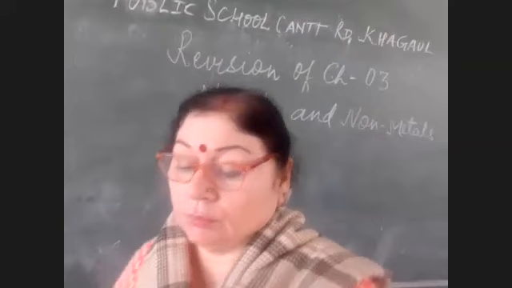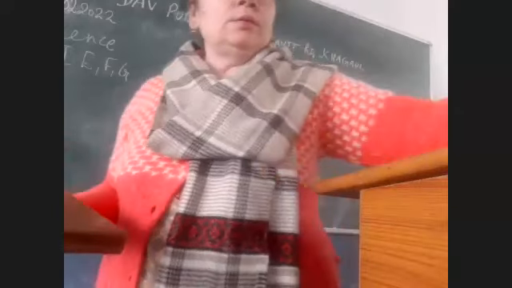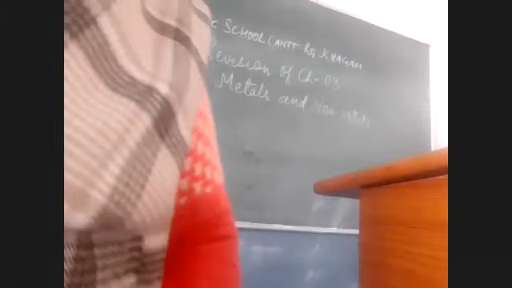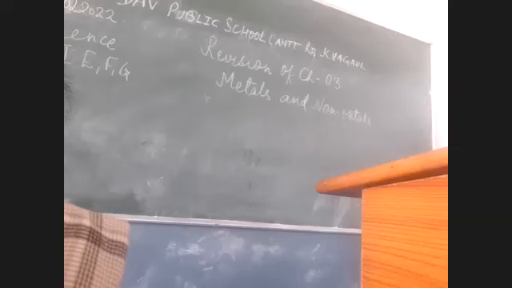In the form of their compounds, like oxides and sulfides. And about non-metals? How are non-metals found? They are also found in their compounds, and several non-metals exist in nature in their free state, as well as combined state. Okay. Next.